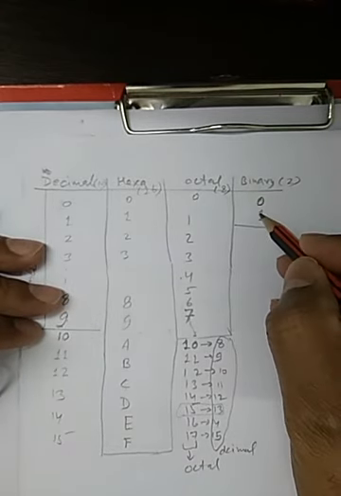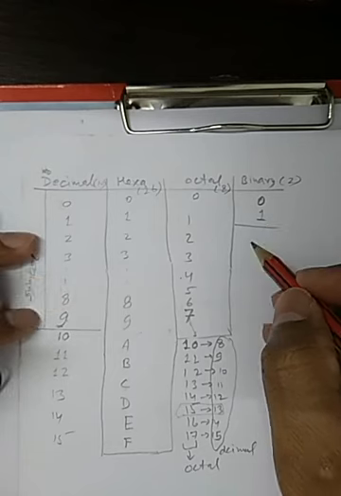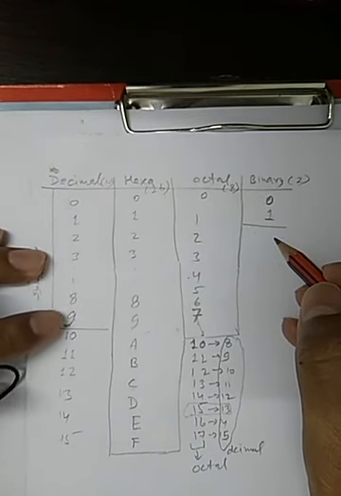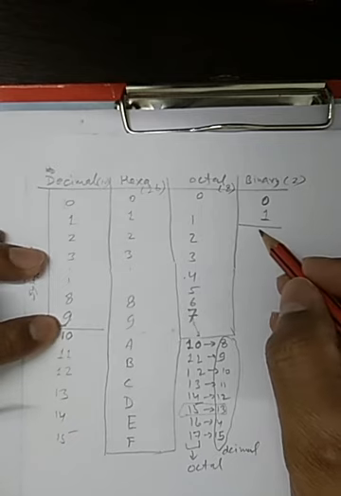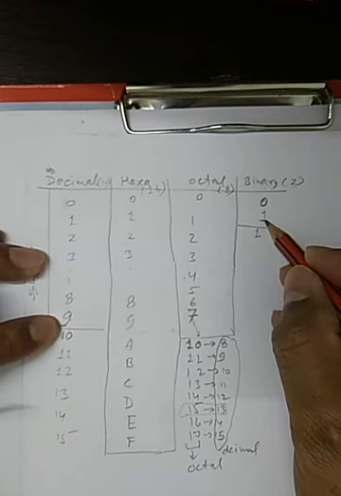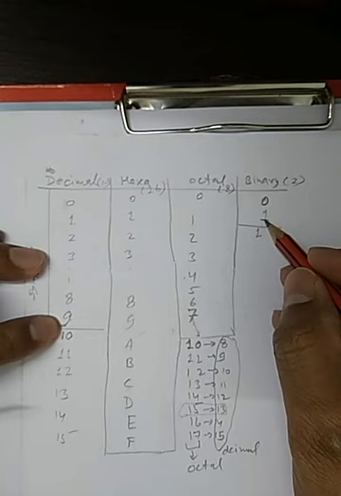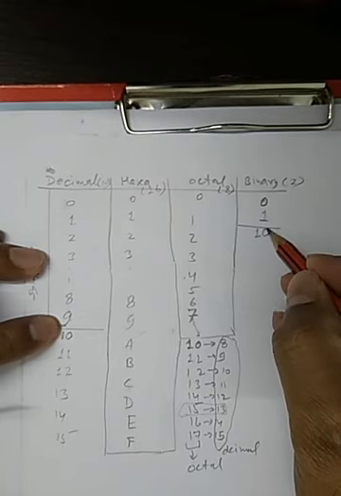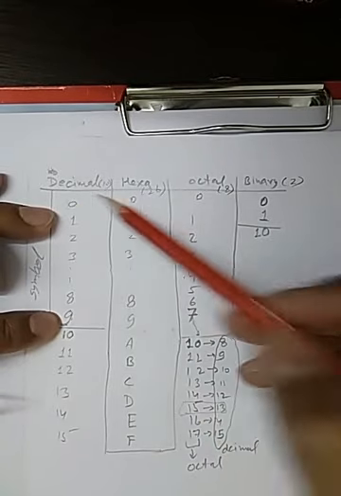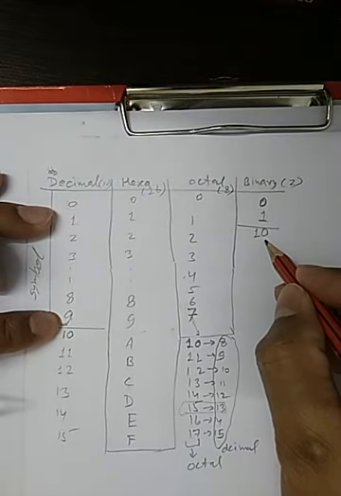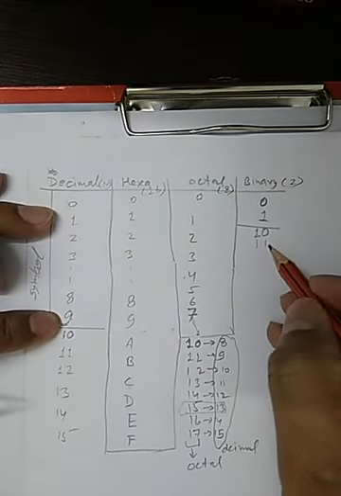So 0, 1. What happens after 1? As we have seen in the decimal number system, after the maximum symbol is reached, a carry is generated, and in place of the maximum symbol, 0 comes again, which is the minimum symbol. Again this will be 0, 1.